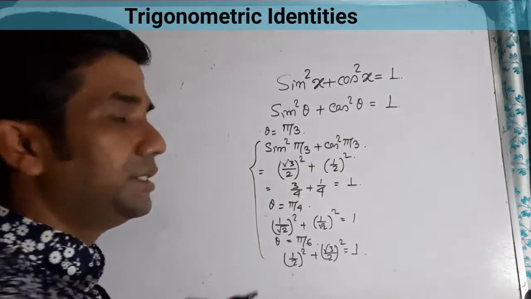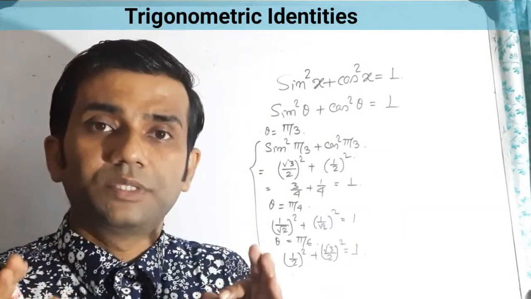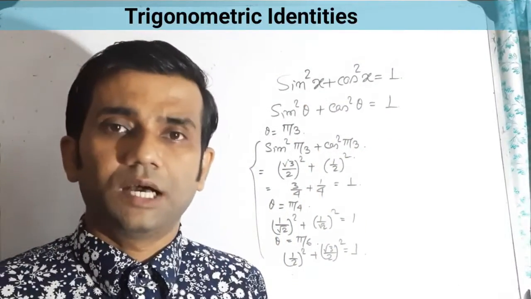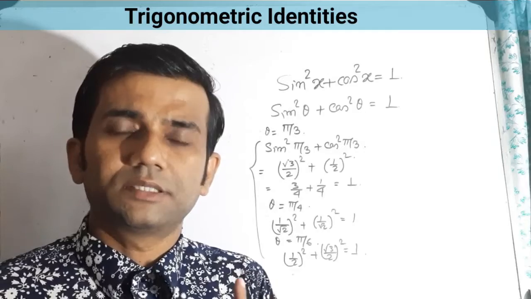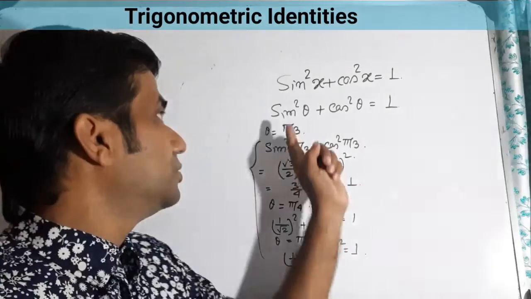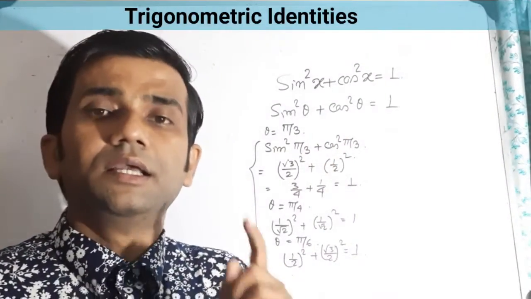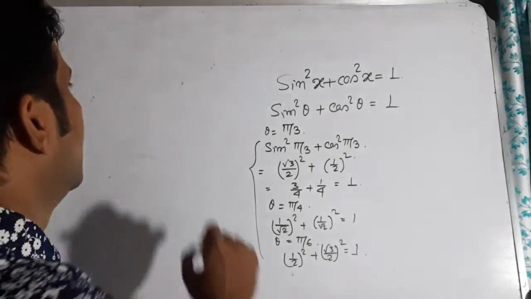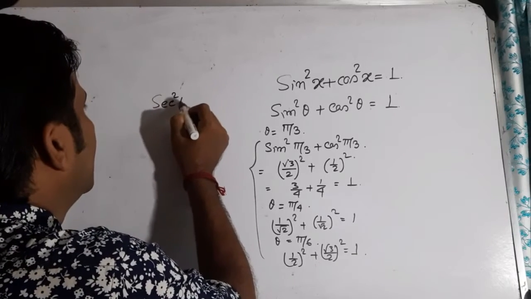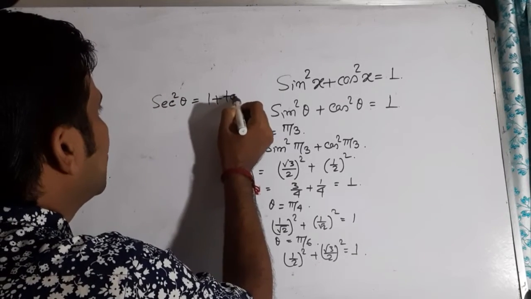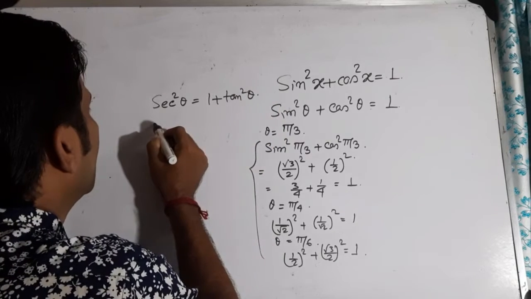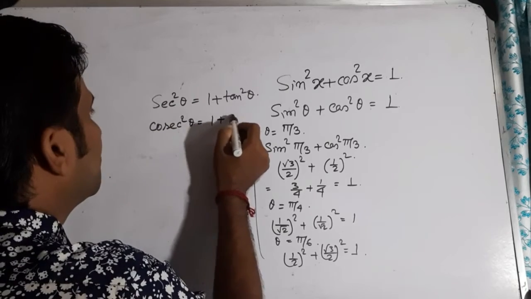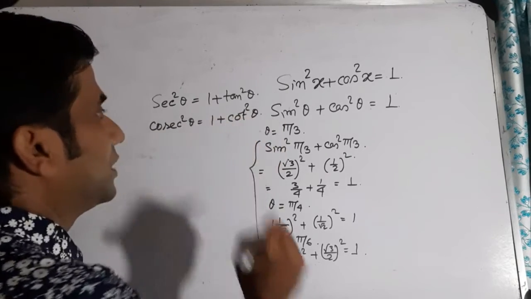From where we decide that for every value of theta the expression is true. For every value of theta, the expression sin square theta plus cos square theta is equal to 1 is true. Such types of identities are sec square theta is equal to 1 plus tan square theta, cosec square theta is equal to 1 plus cot square theta.